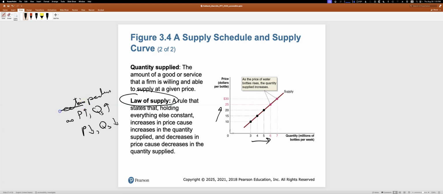Ceteris paribus means holding a bunch of different variables constant, which would mean this is a movement along the supply curve caused by price changes.